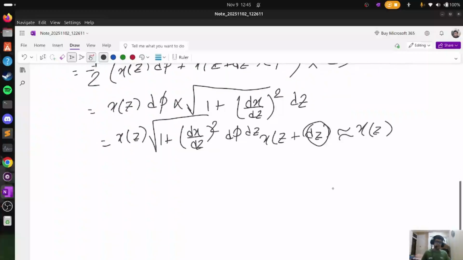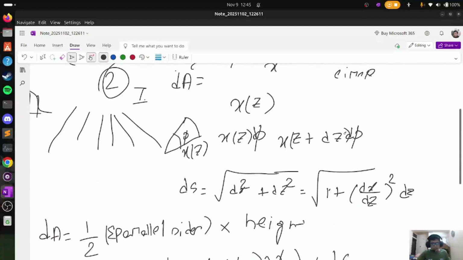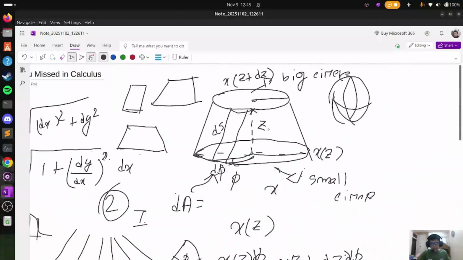So what we can learn from this video is that for the height of the trapezoid, you might have asked me, why didn't you take z here? Because we are dealing with a curved surface here, not a plane. If we deal with a plane surface, then I would have taken dz.